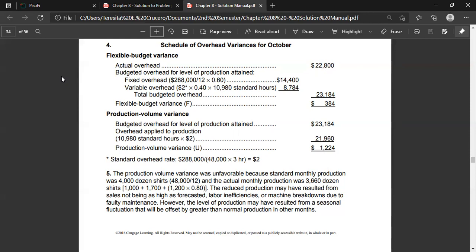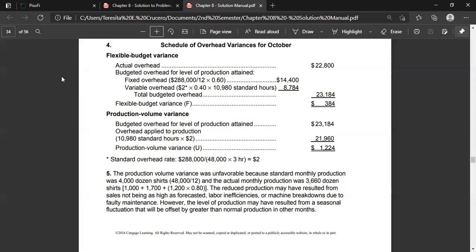The variance here above is the budget overhead for level of production attained is 23,184, and here overhead applied to production 10,980 divided by 2. So you get the amount of 21,960. Now the standard overhead rate is computed.